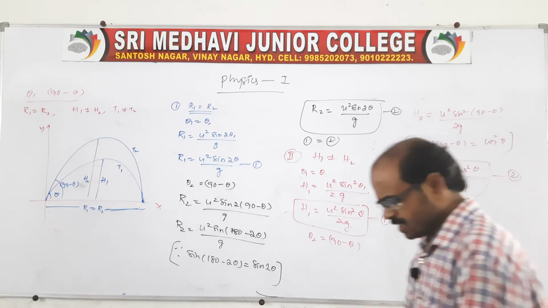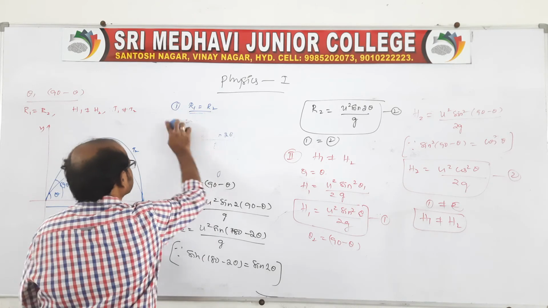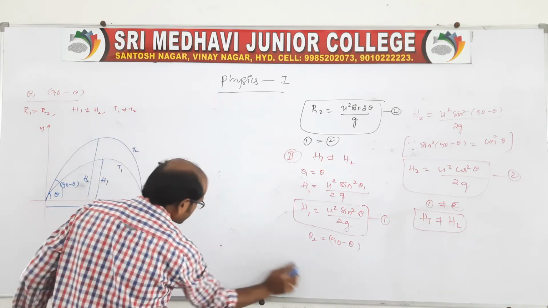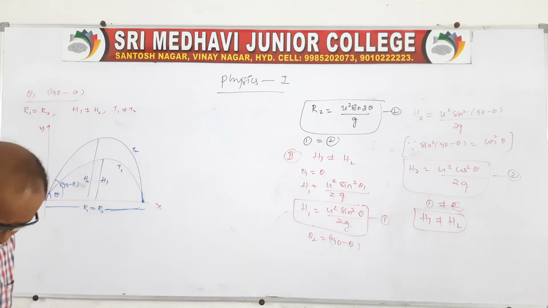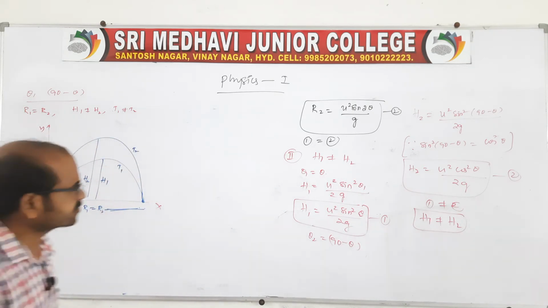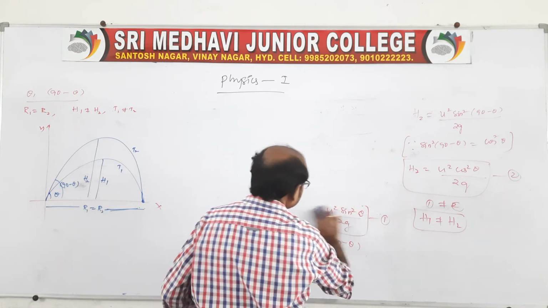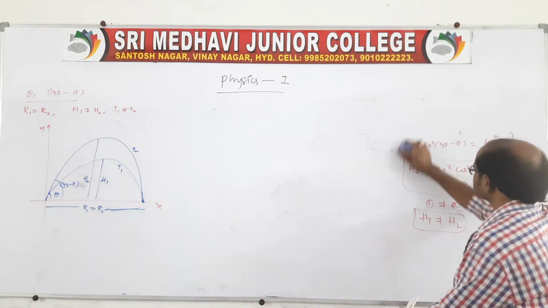In the same way, another one also we have to check, that is the time of flights. In the question for the complementary angles, you remember the complementary angles' ranges are same, but maximum heights are different. So you take the next question, that is time of flights.